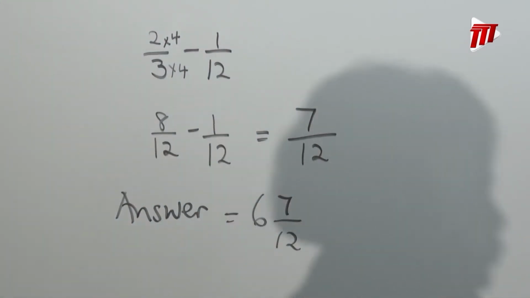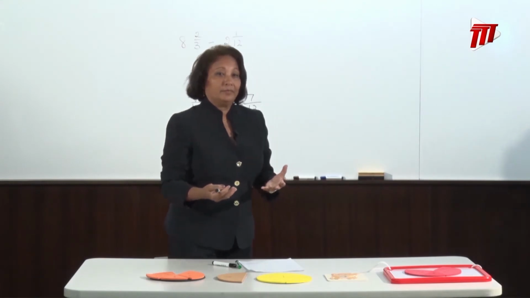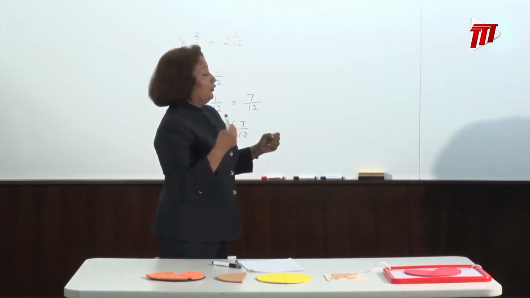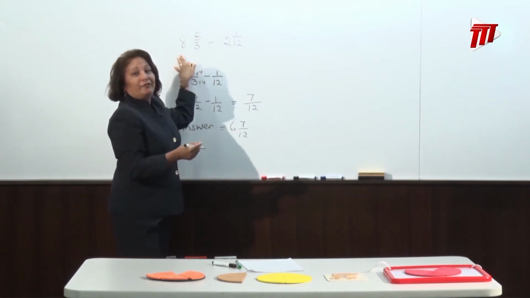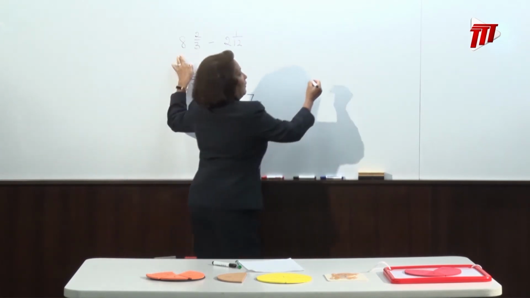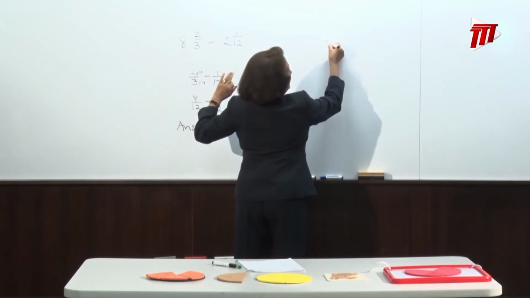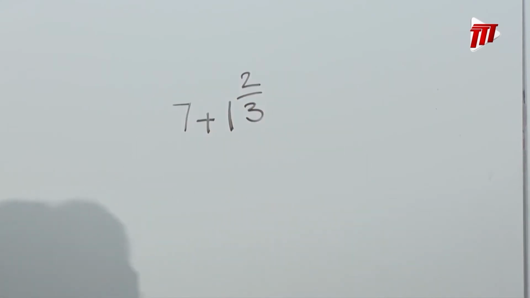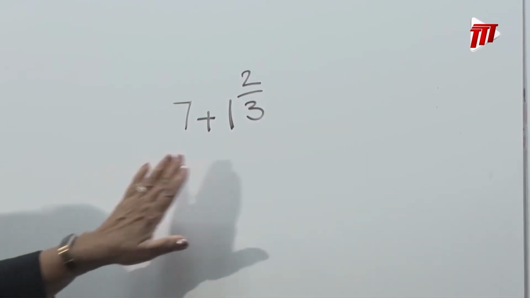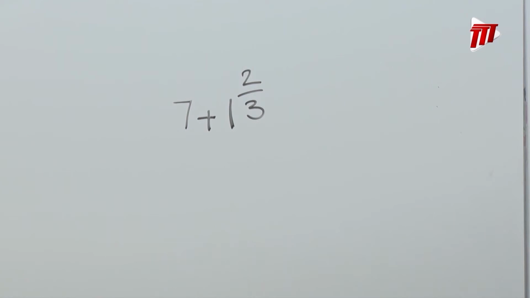Now that is one way of working the question. Sometimes people use a different way of working the question. They write the first one as 7 plus 1 and 2/3. Check to see. When you add this and this, do you get back 8 and 2/3?